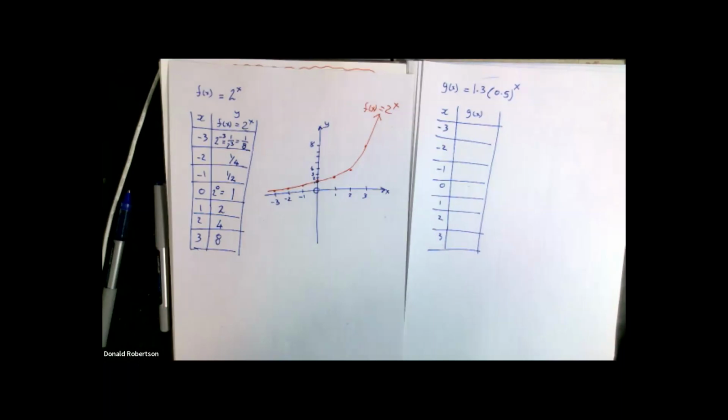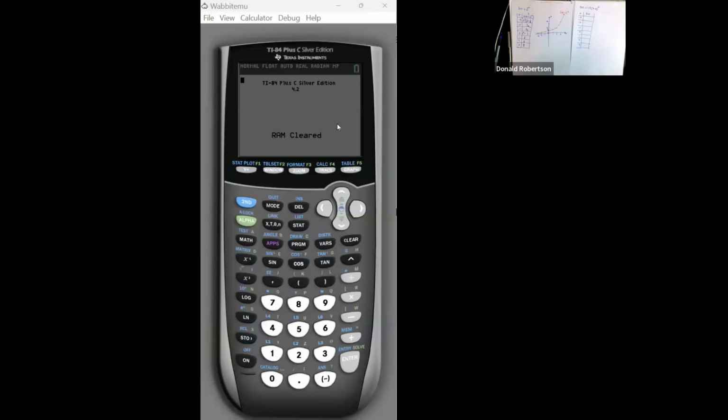I'll just check. There, that should be it, right? So the function, you type it in here. So you go 1.3 times, put a bracket around it, 0.5, close the brackets, to the power of x.